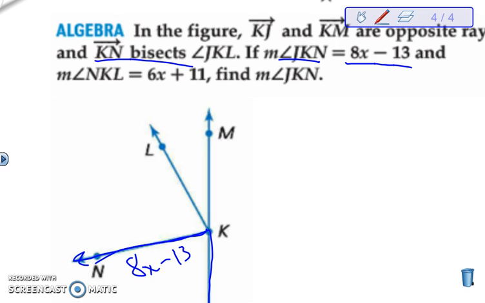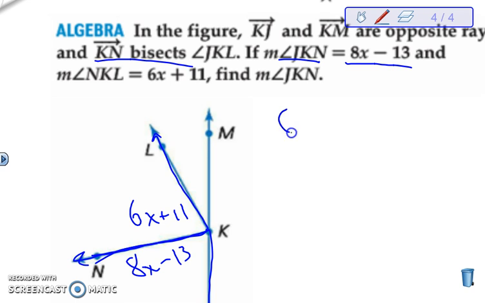We know that NKL is 6x plus 11. And again, since N is bisecting the larger angle, that means the two sides have to match.